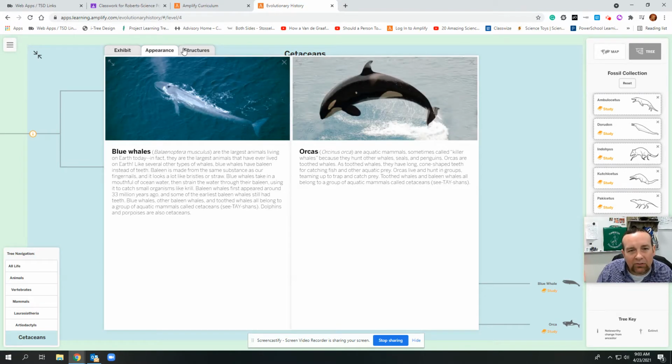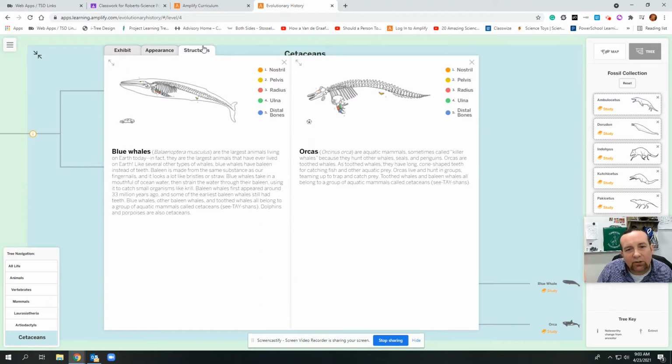Here's their appearance and their structures. And notice that the orca does have a much more developed front limb structure, a bigger pelvis, and also notice the jaws and teeth, which kind of look like some of the other creatures we've been studying.